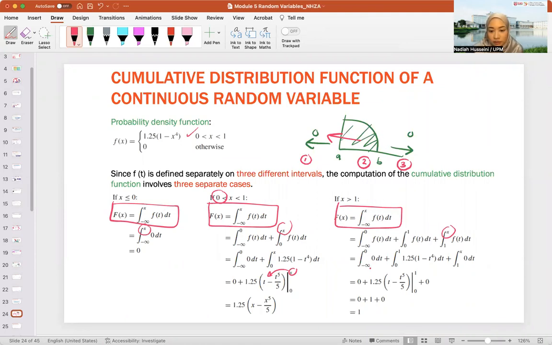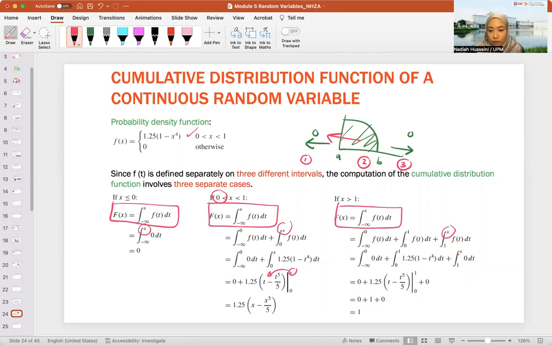Okay, so you know this is 0. We already did this one. And 0 to 1 is just this guy over here. And from 1 to x, it is 0 because our function does not exist beyond 1. So it's just plus 0.